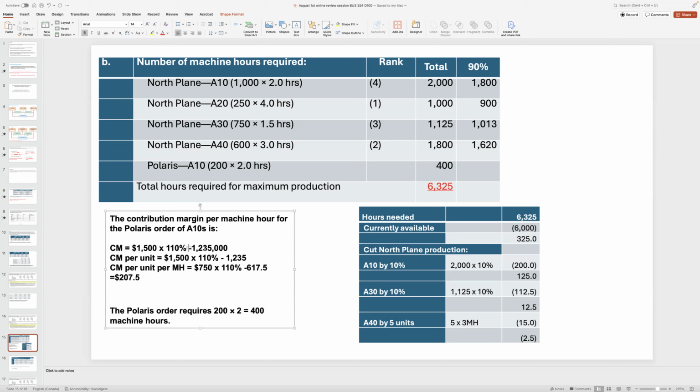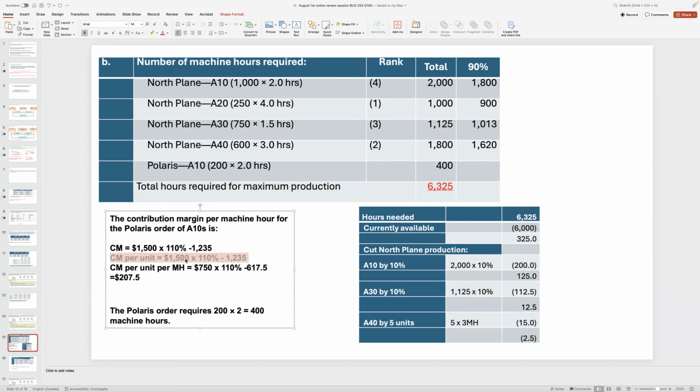And you are going to minus the variable cost, which is the same, right? The variable cost is the same. So therefore, your contribution margin per unit is this. Okay, that's your contribution margin per unit. Remember, for each unit, there are 2 machine hours.